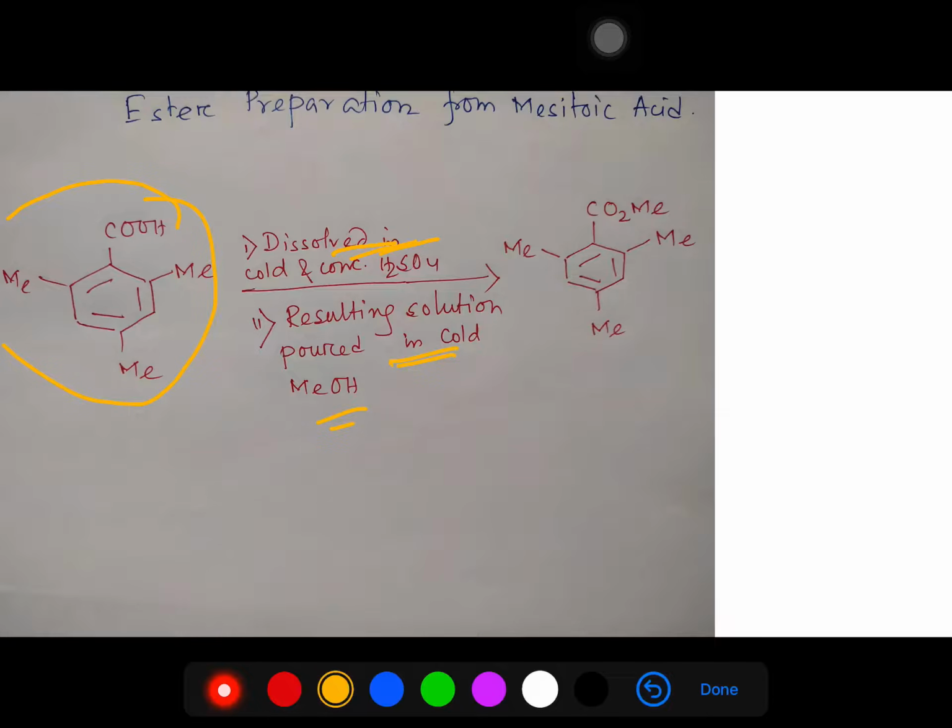Why did this happen? Because the acylium cation is produced as the intermediate. So this carbon is electron deficient, electrophilic, so consequently this methanol molecule attacks at this carbon, and ultimately, after releasing one proton, it forms this ester.